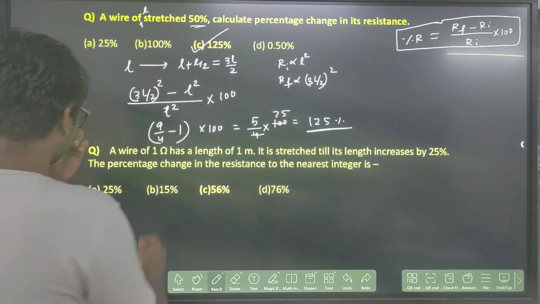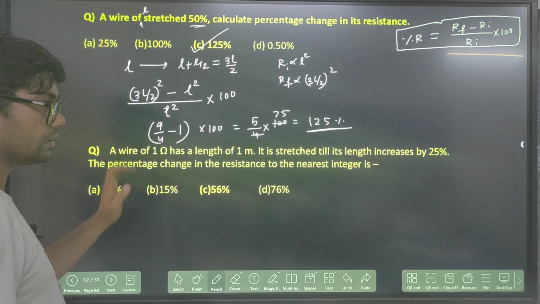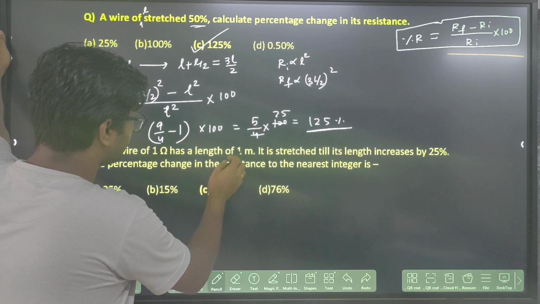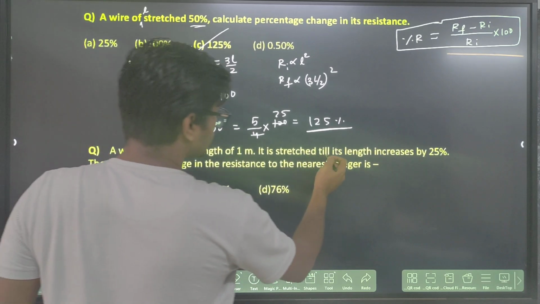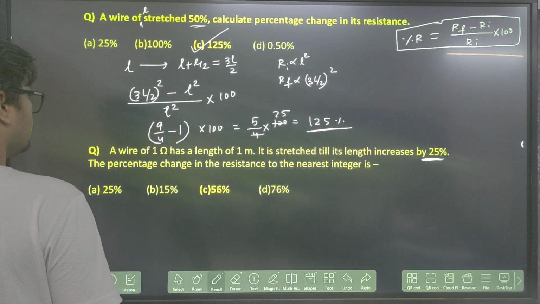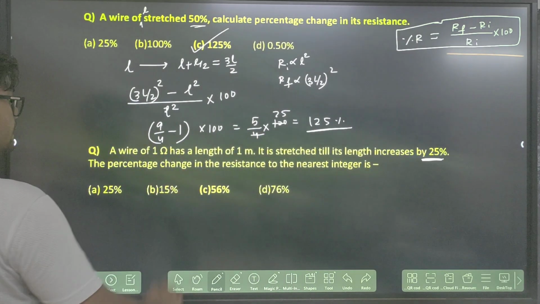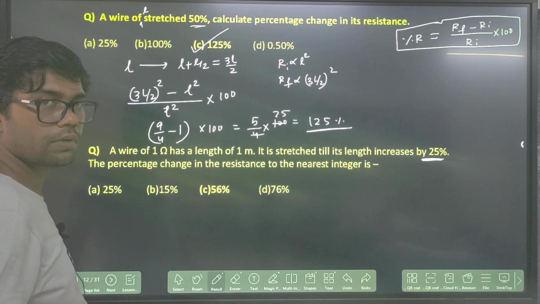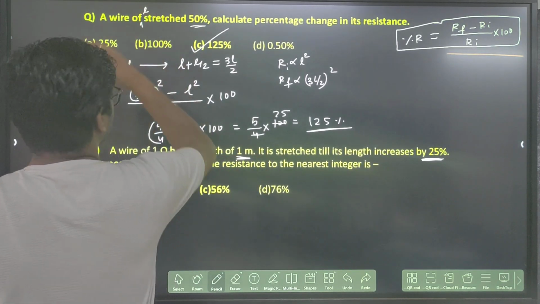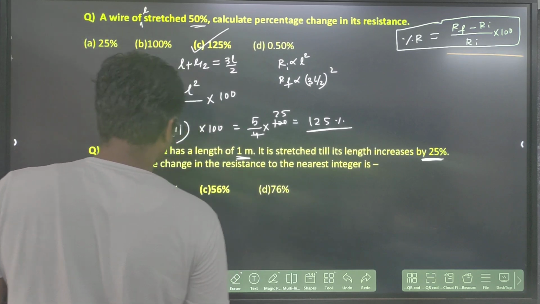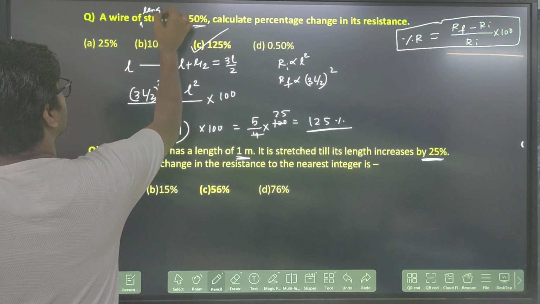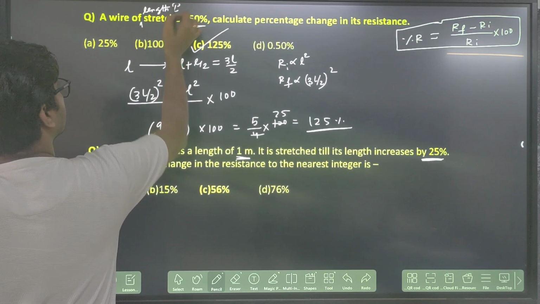Clear? Done, right? Next question we are going to see. If a wire of 1 ohm has length of 1 meter and is stretched till its length increases by 25 percentage, the percentage change in the resistance, same formula you have to follow here. They have given only 1 meter here, they have given L. So a wire of length L, right?